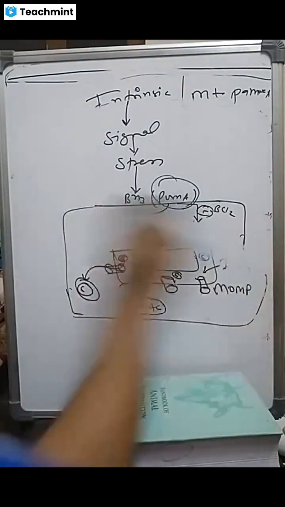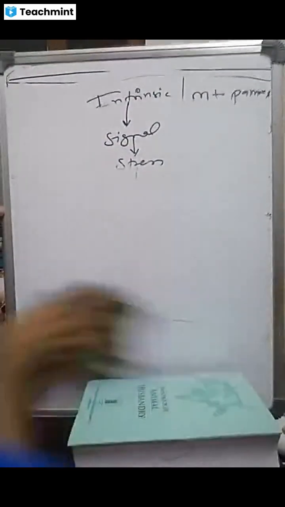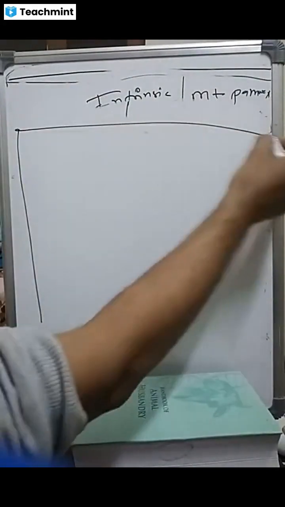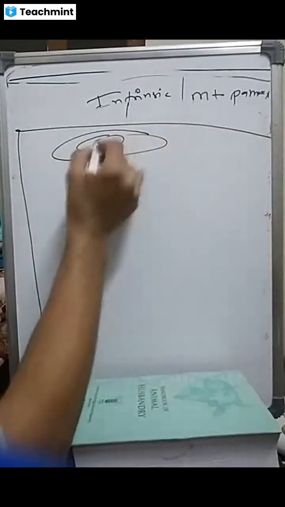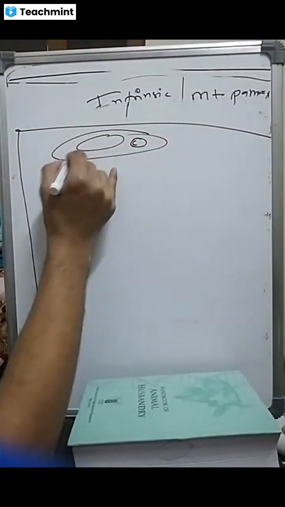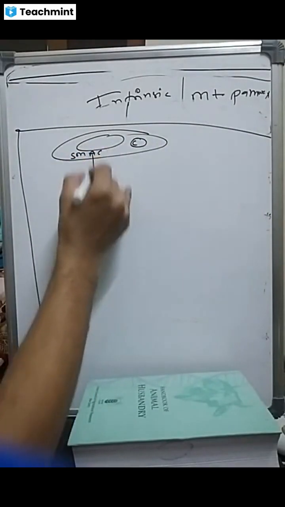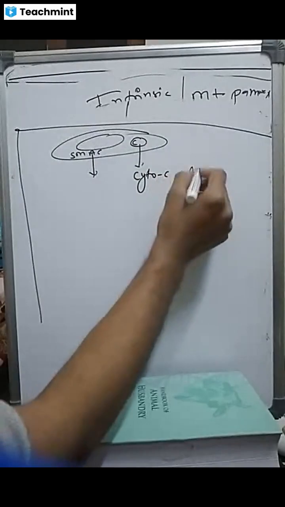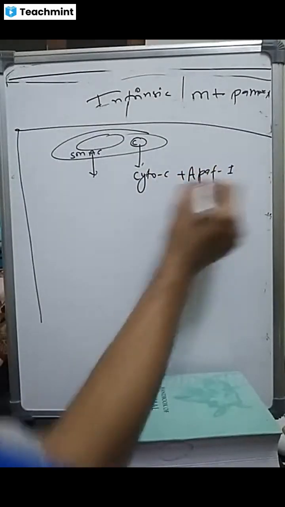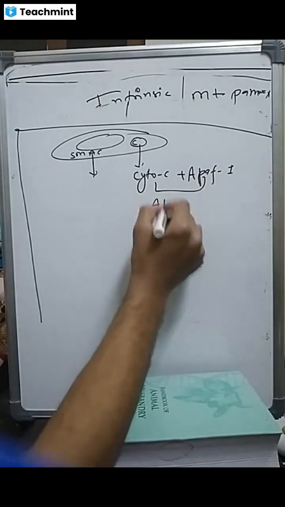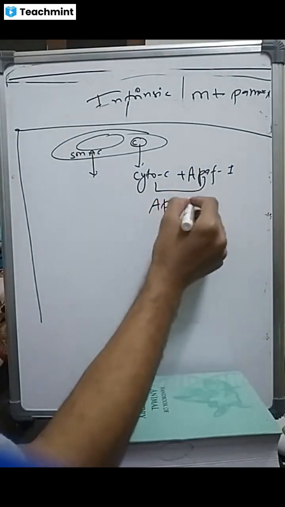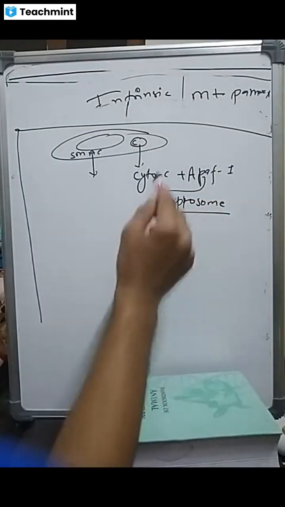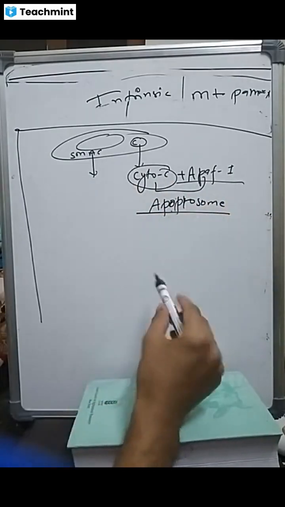Now what happens? From the mitochondria, cytochrome C and SMAC are both coming out. Cytochrome C will combine with one molecule, APAF1, and form the apoptosome complex.